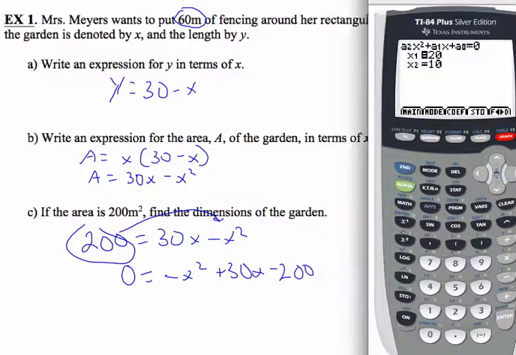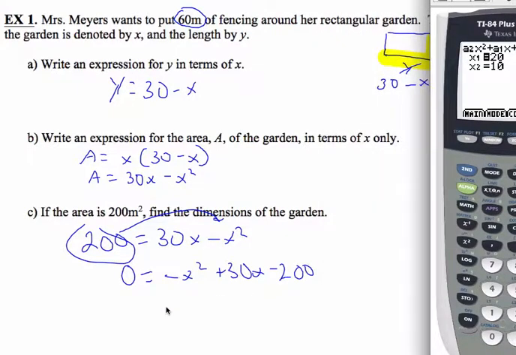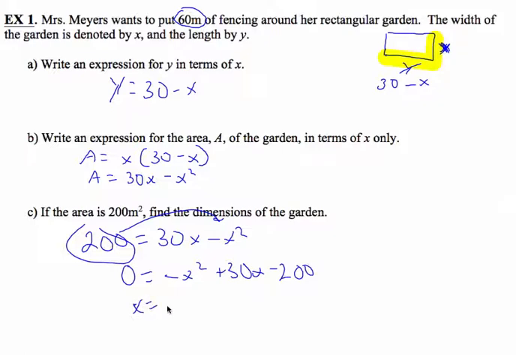So there's actually two possibilities for x. You could have x equals 20 or x equals 10. So look at these rectangles. Well, we have 10 and then 30 minus x gives you 20.